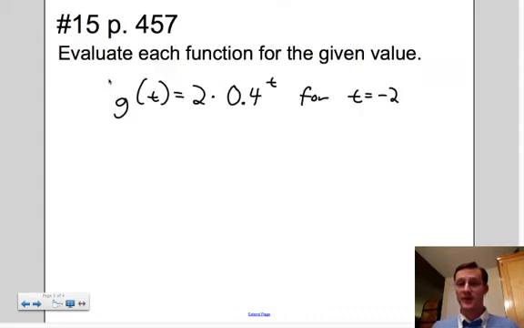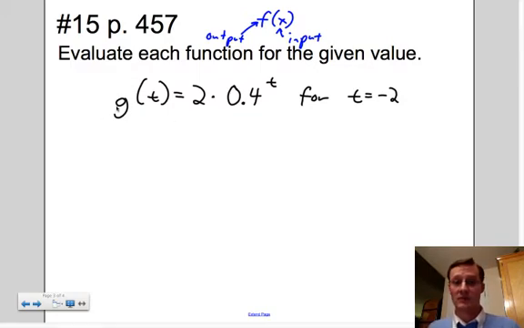All right, evaluate each function for the given value. You might ask, why do we have g of t? A lot of the function values that you see are f of x. That means that x was your input and f was your output. Basically, you just change the letters around. They can mean different things in different situations.